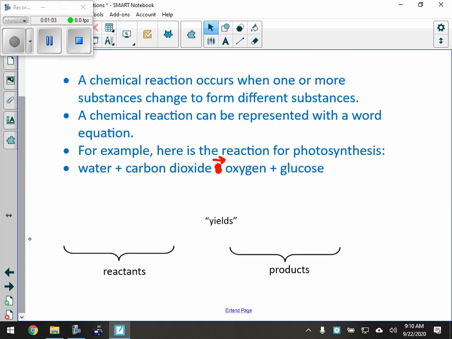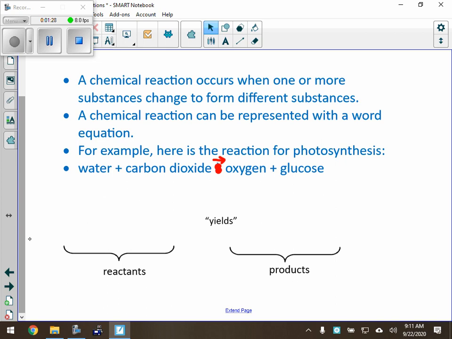For example, water plus carbon dioxide equals oxygen and glucose. That's a word equation. I'm not too concerned about the word equation. In the big scheme of things, we want to have some formulas here, and we want to have it balanced. That's ultimately our goal here. But it's fine to say that.